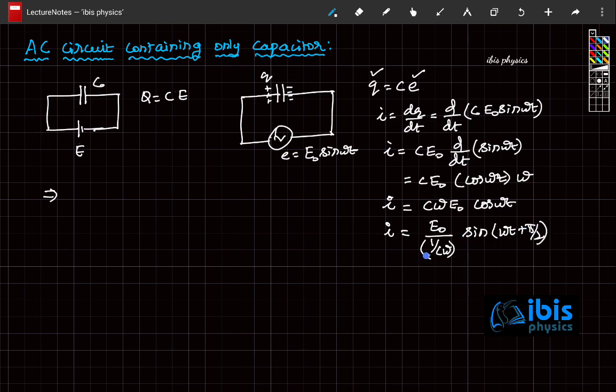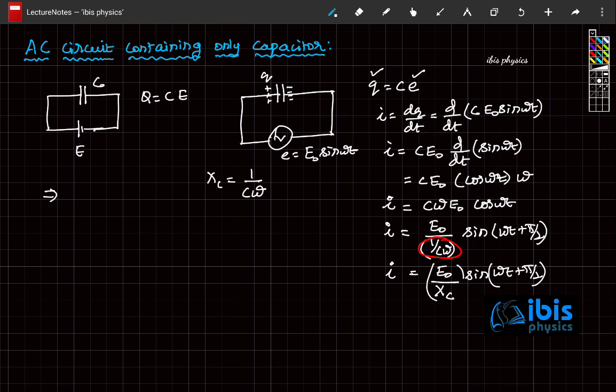So here E naught by this particular value is called the resistance offered by the capacitor. So I is equal to E naught by the resistance offered by the capacitor. Let me call this XC, where XC stands for 1 by C omega, into sine of omega t plus pi by 2.